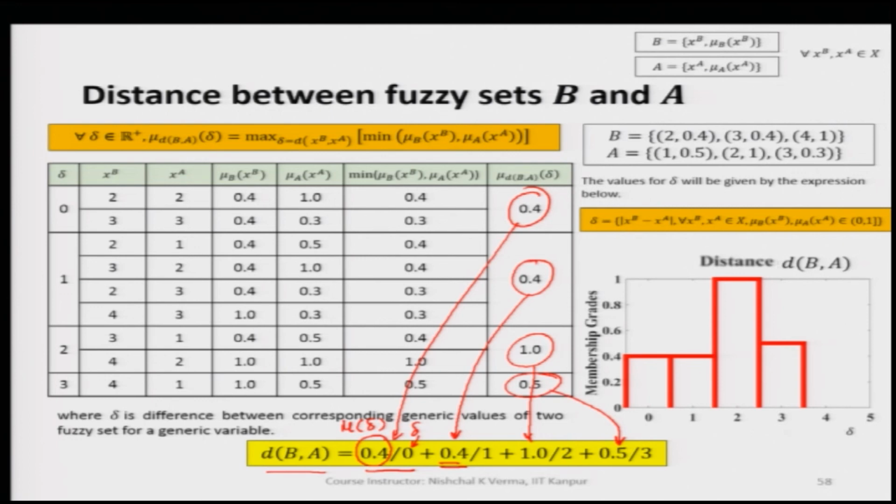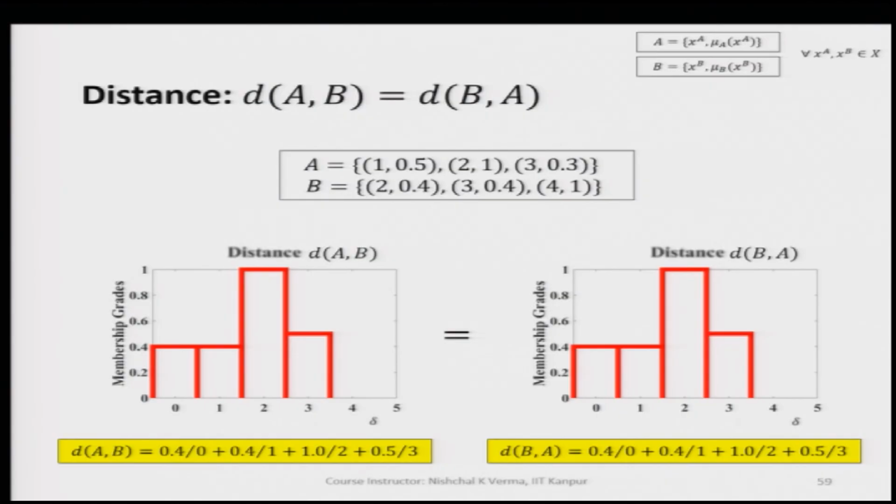And when we plot this fuzzy set, we are going to get a fuzzy set which is exactly the same as the distance between fuzzy sets A and B that we got in the previous example. So, we can clearly see that whether we calculate the distance between A and B fuzzy sets or B and A, both are the same.